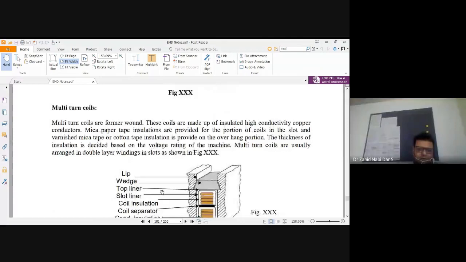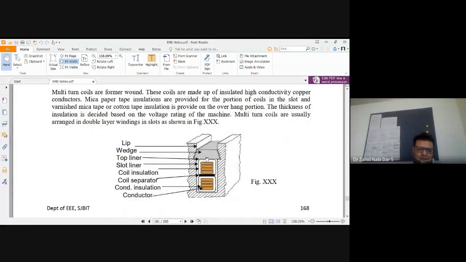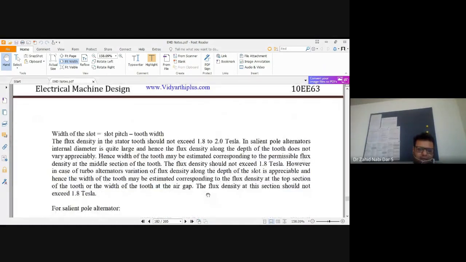So this is how a multi-turn coil arrangement looks. There's a wedge over there, a top and an inner slot. You can see there are so many turns here also. In between there is insulation: coil separation, conductor insulation. These are the things which are essential in the multi-turn coil.